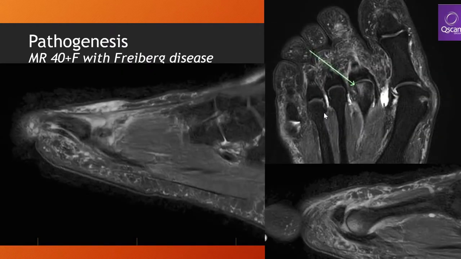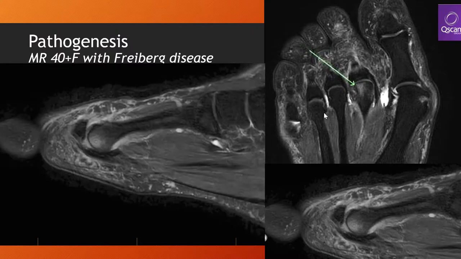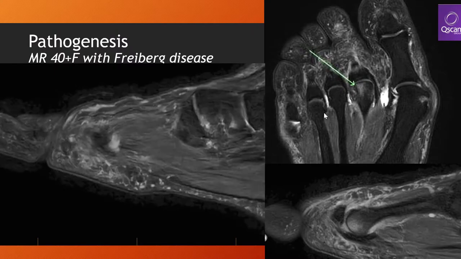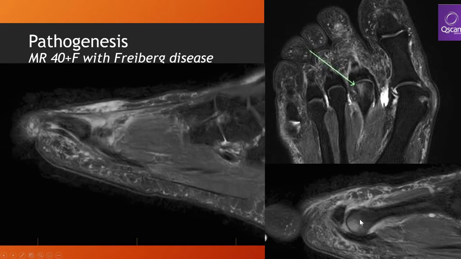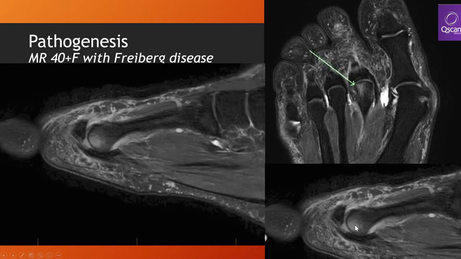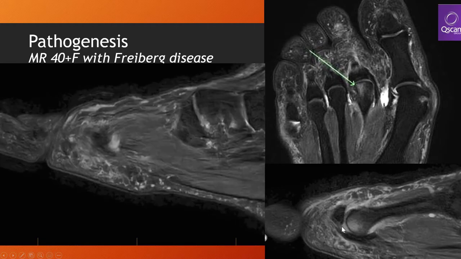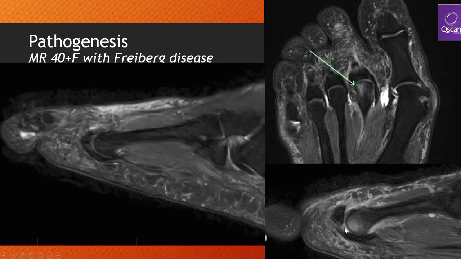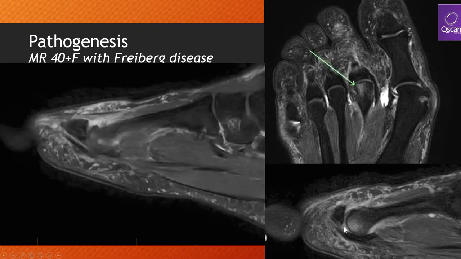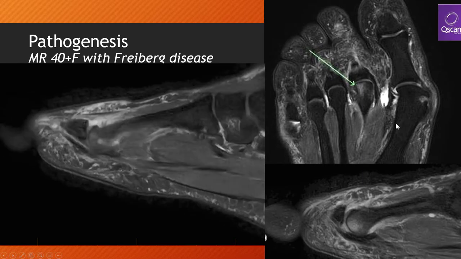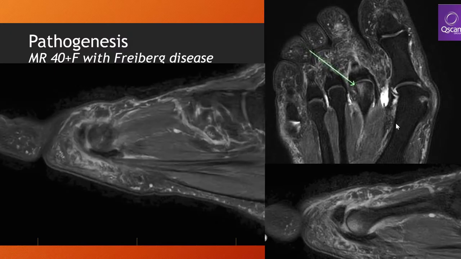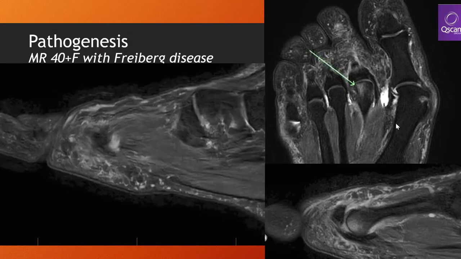And in terms of pathogenesis, one of the predisposing factors implicated in Freiberg is a plantar plate tear, and we can see that in this same patient as the previous slide. There's the high signal in the subchondral region. Here's the high signal in the plantar plate indicating a gap. But so too a long second toe. Things like genetic and hormonal changes may be a causal factor, and then there's repetitive microtrauma.